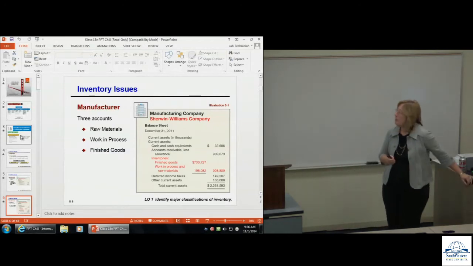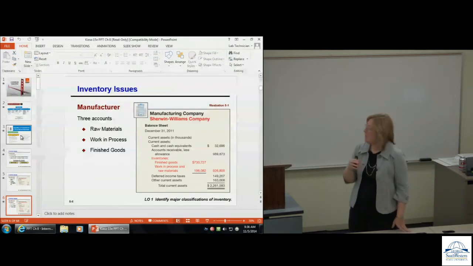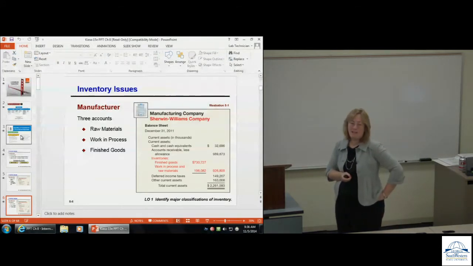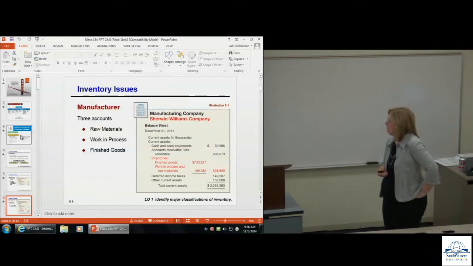Okay, so those 3 inventory accounts, see how they're separated, hypothetically, on the balance sheet. They lump 2 of them together, right? But usually you separate these 3 accounts on the balance sheet. Maybe since it's paint and it doesn't stay in work in process so long, they lumped it in there. Okay.